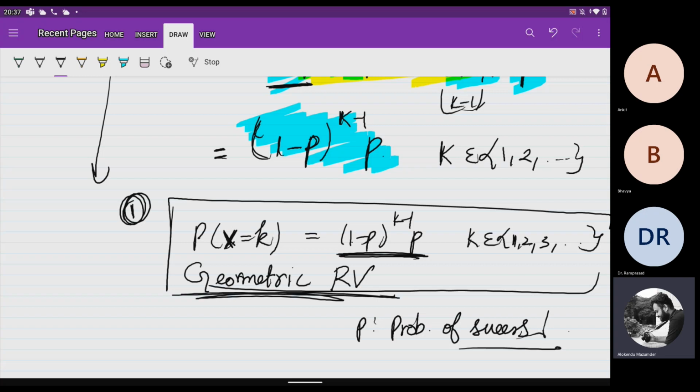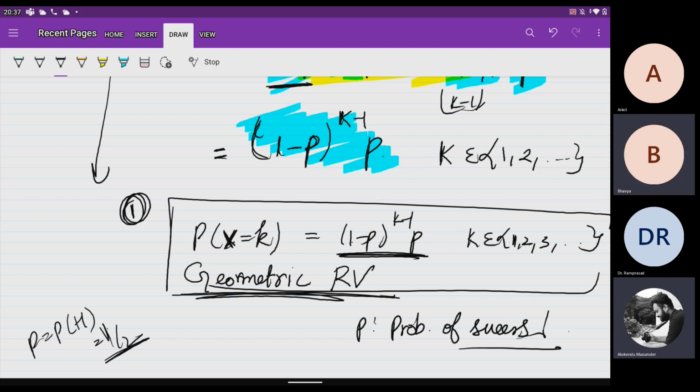If I define probability of success as probability of head, it will be 1 by 2. Binomial PMF, so here we are in this 1/2 unbiased case. If the coin is unbiased, then only 1/2, right? Okay, it's trivial.